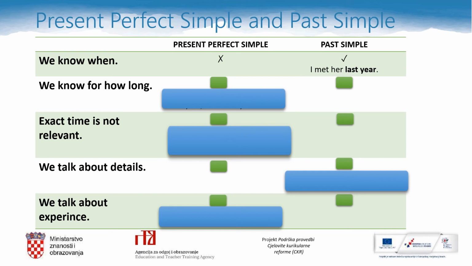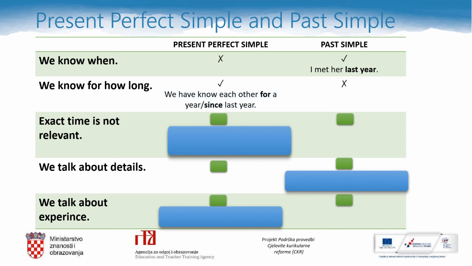For example, I met her last year. When we know for how long something was in progress, what do we use? In that case, we use present perfect simple. For example, we have known each other for a year or since last year.